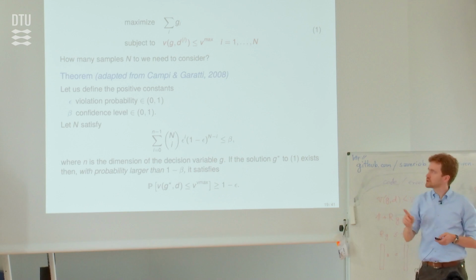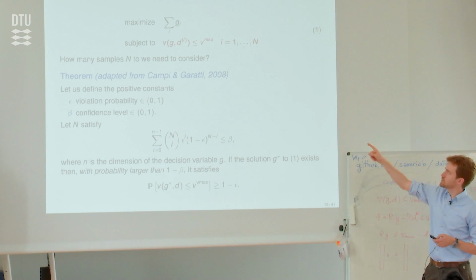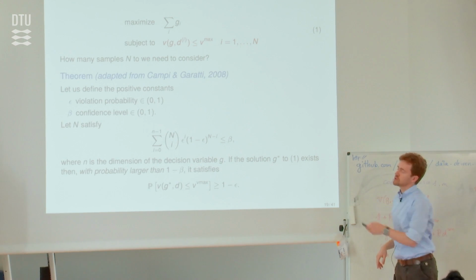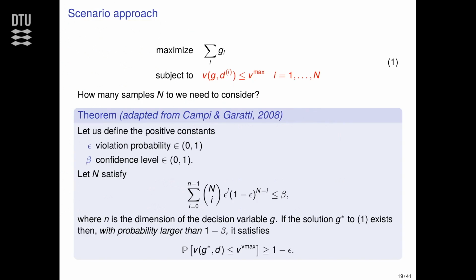Which is a bit weird because the stochastic part here is D, right? But because you're using it in a convex optimization problem of the dimension of G, then the N you need depends on the dimension of G. This is not obvious. This comes from the theorem, right?